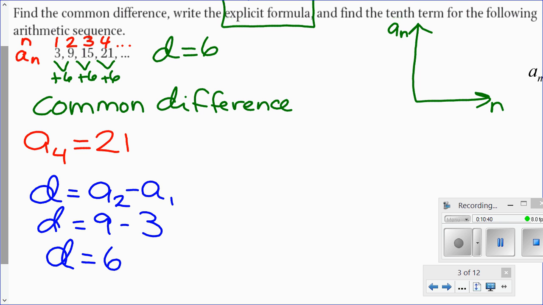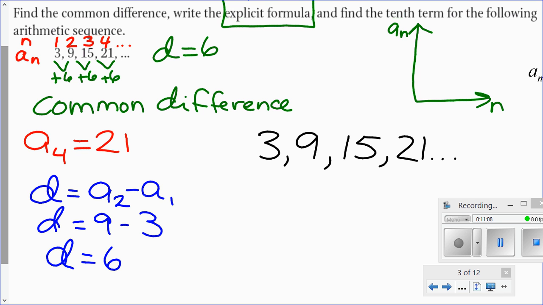Now, when we talk about writing our explicit formula, let's look, I'm going to rewrite the sequence here, a little bit bigger. Okay.